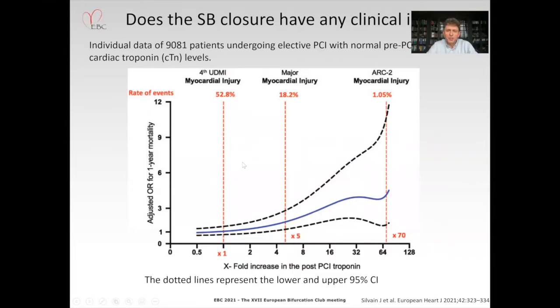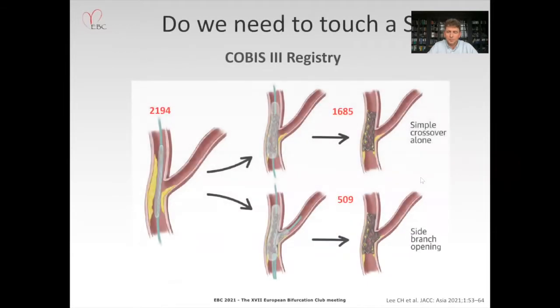And you can appreciate that if the increase of troponins is more than 5 times the upper normal limit, there is a penalty in mortality. There is actually a linear correlation between the increase in troponins and survival. So definitely losing a sizable side branch is really dangerous for the patient.